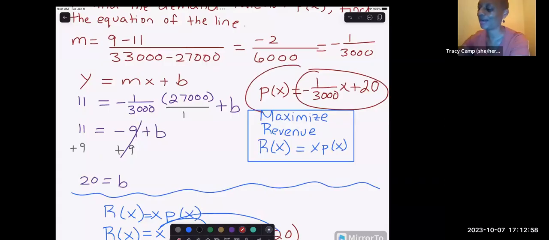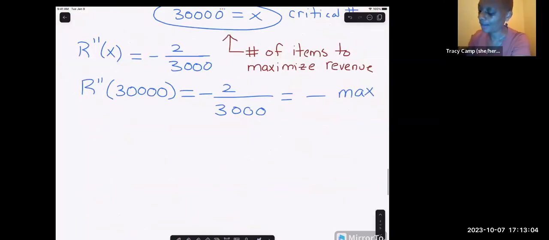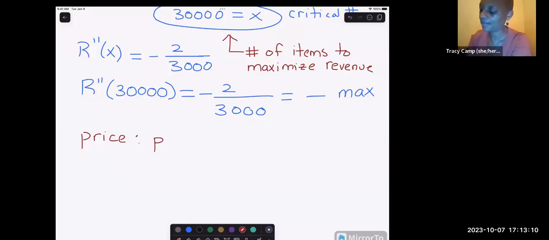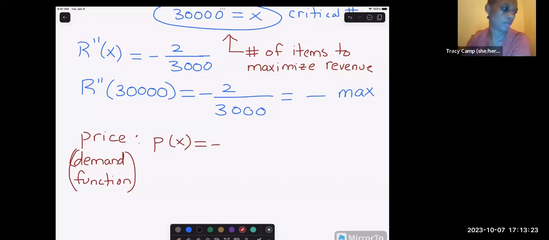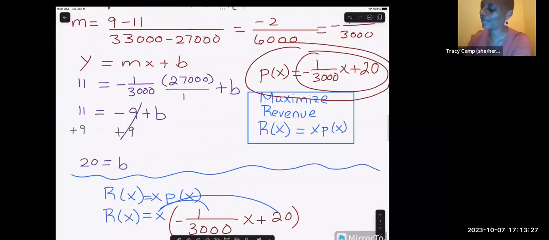So I'm just going to write that again: our price is the demand function, P of x. In this case, that's equal to negative 1 over 3,000 x plus 20.